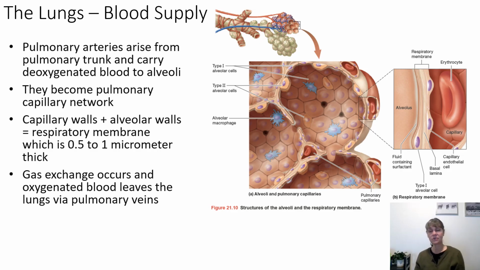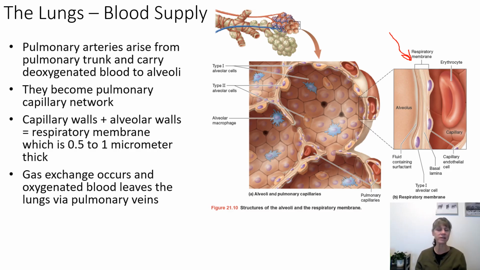And if we look on this picture on the far right of this slide, you can see the respiratory membrane here. And so there's the endothelium of the capillary wall and the type 1 alveolar cell of the alveolus, and then there's a thin non-living basal lamina between those two.